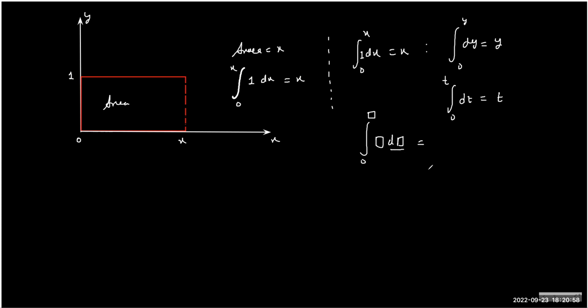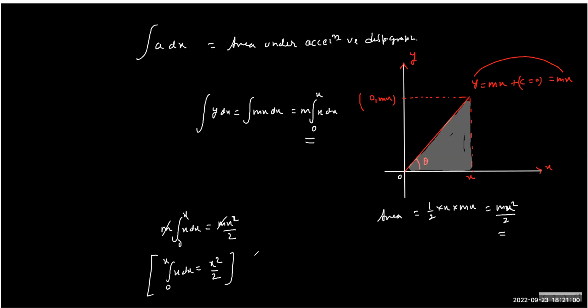Now again, this will go back to the previous question. Integration of input d of input, and if you correlate from differentiation, the way to read it is input square by 2.